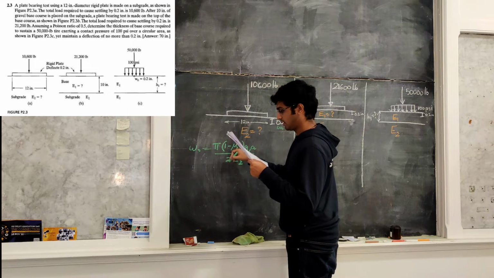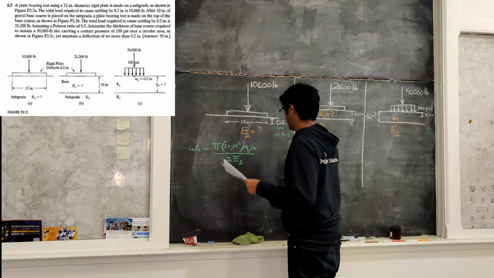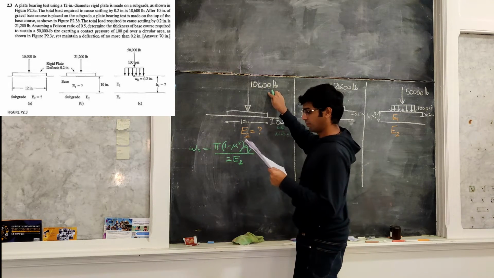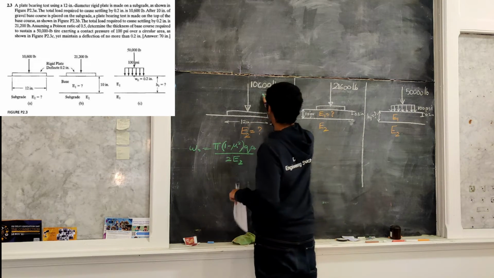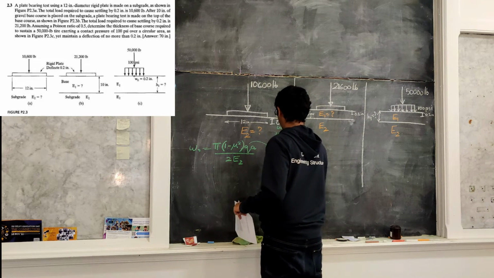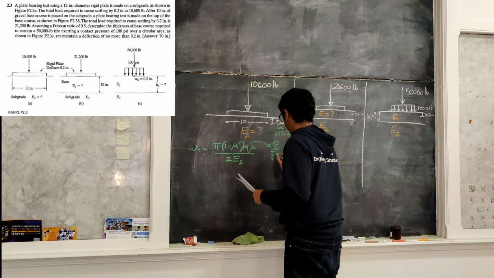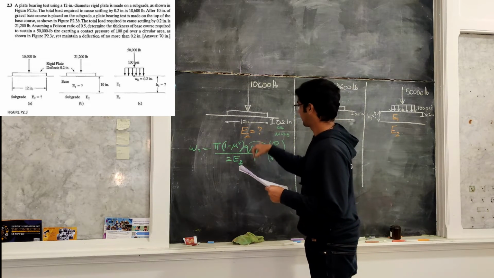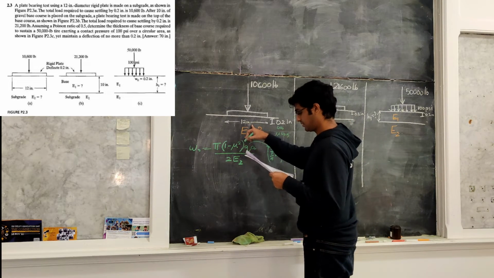Mu is already assumed, which is 0.5. Then Q, you know the load, you know the area, you know the diameter. From this you can calculate Q. How do you calculate Q? Load by area. Area is pi by 4 D square. A is again the radius, which is the 12 inch diameter divided by 2.